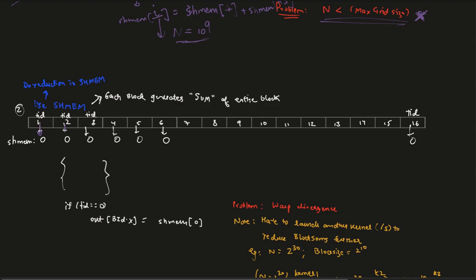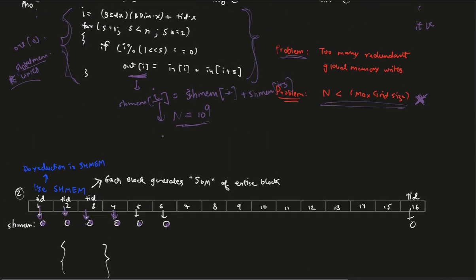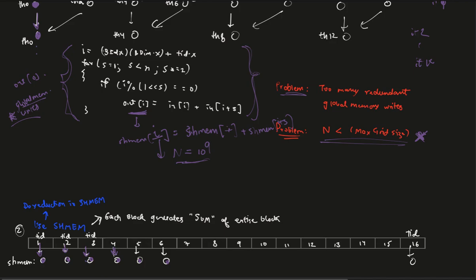Okay, so this is what is happening. First of all, each thread loads its corresponding element into shared memory, and then it's essentially the same. So i here would be just threadIdx.x, and this would be for s = 1; s < blockDim.x.